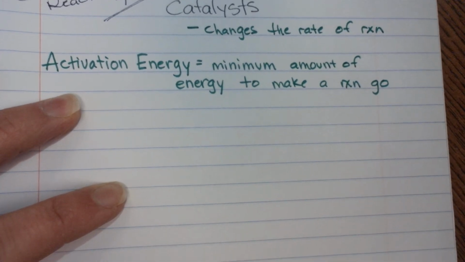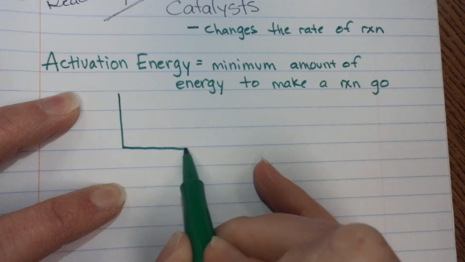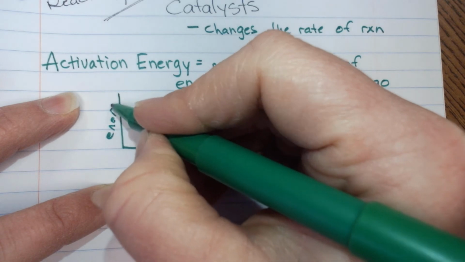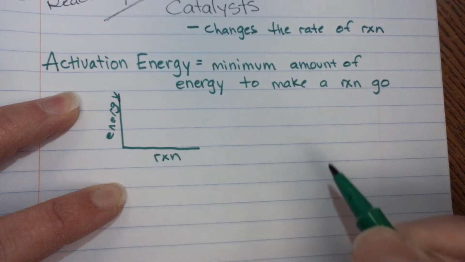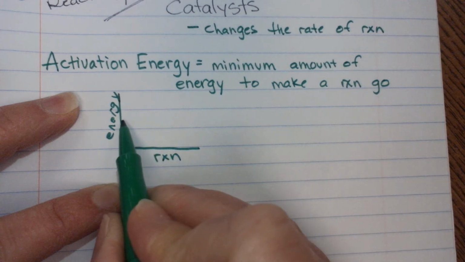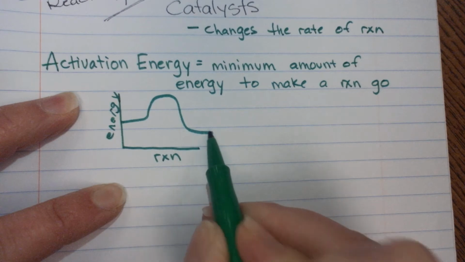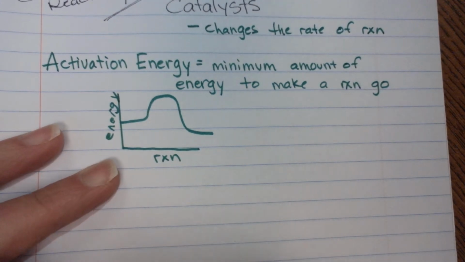And a lot of times when we think about activation energy, we look at a graph. Looks something like this. Energy on one side, the reaction on the other, and then we have this hill. What do we start a reaction with?